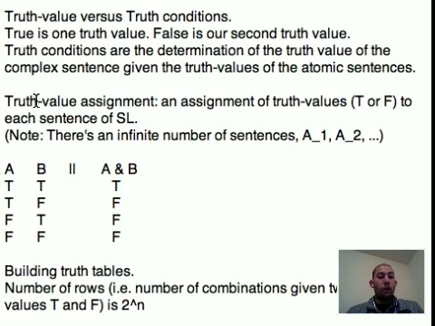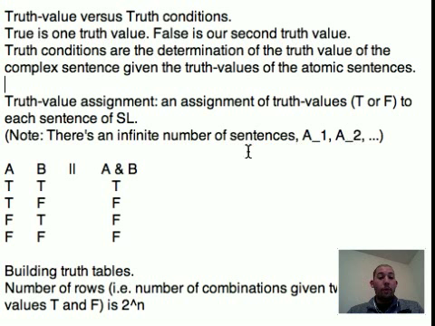So a truth value assignment is an assignment of truth values to each sentence of SL. The way I've just said that means we have to assign a true or false to each sentence letter in SL. But if you remember from our last lesson, there's going to be an infinite number of different sentences in SL. So we have A1, A2, A3, we can also have B1, B2, B3, C1, C2, C3, ad infinitum.